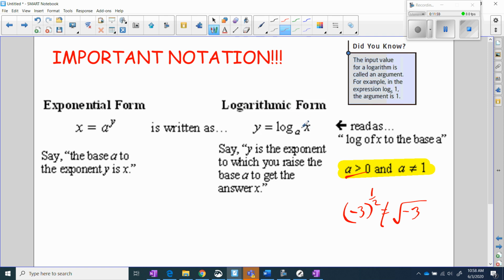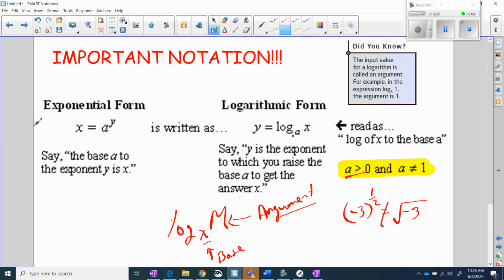This part here is called the argument of the logarithm, and this is called the base of the logarithm. So for example, if I said log m to base x, m would be the argument, and x would be the base.